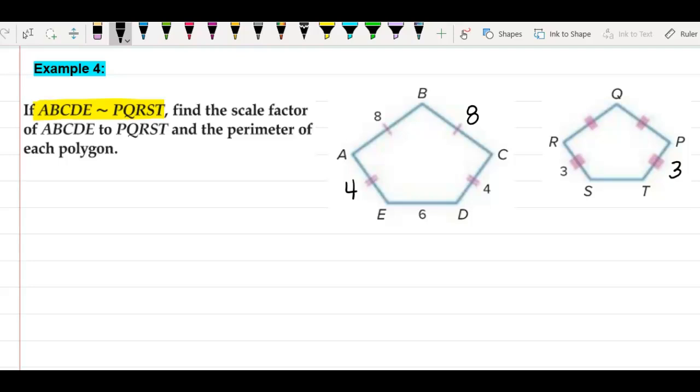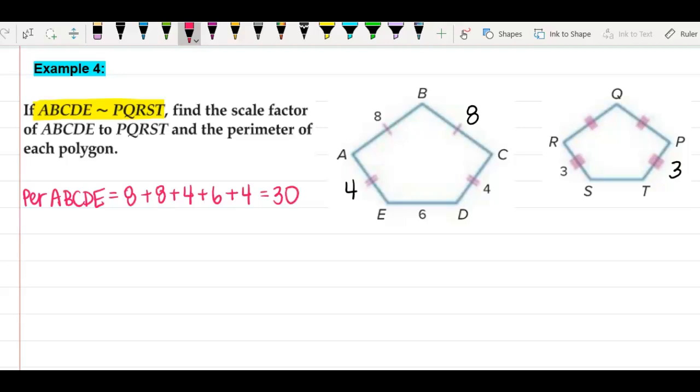So we need the scale factor and we need the perimeter of each polygon. Well, in ABCDE, we have all the sides, so we could find that perimeter. So perimeter of ABCDE should be 8 plus 8 plus 4 plus 6 plus 4. And if we add all of that together, we get 30.